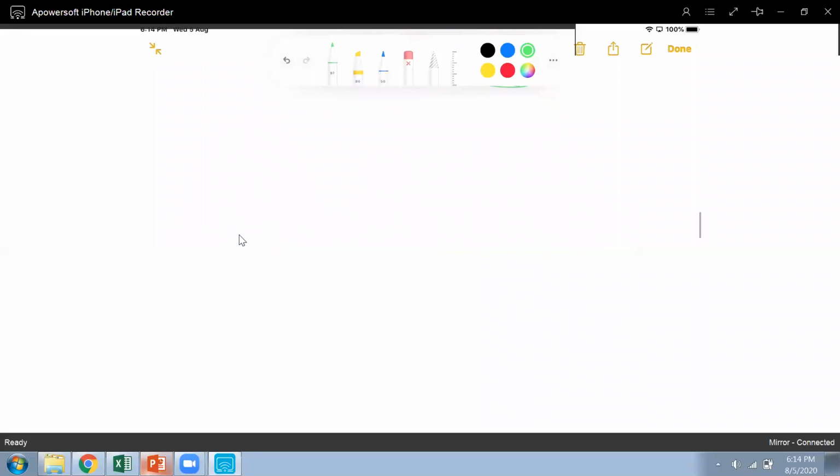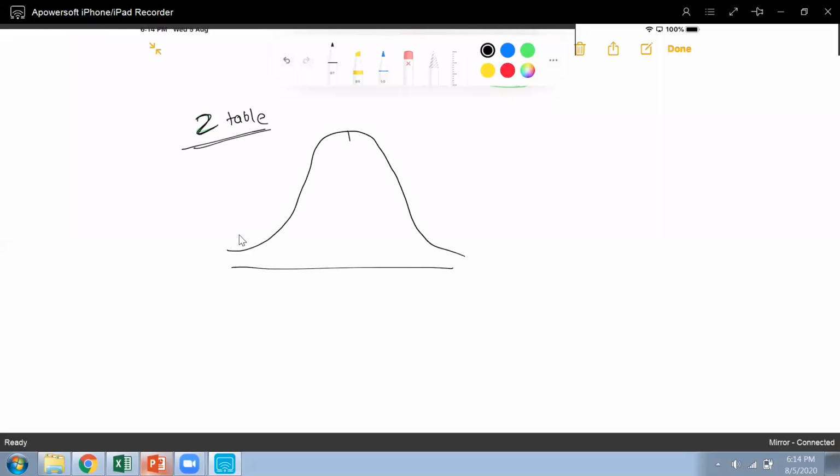Okay, so let's talk about some things about the z table. I think I'll be asking you some questions, then only I will be able to get the picture, whether you know the things or not. Suppose I have a z value, and I go into the z table, and for that z value I get this value.